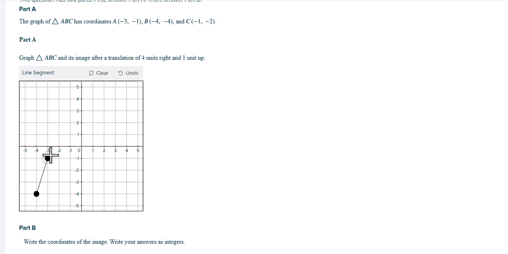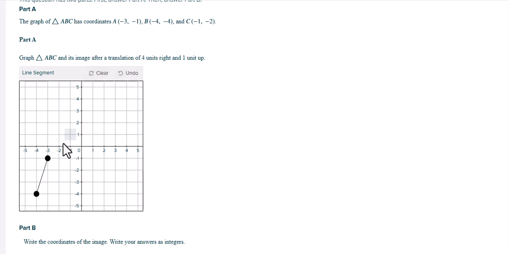Now you can see it's actually connected the dots for us. If I accidentally graphed one of these points at the wrong place, now I could actually undo or clear. Undo undoes the very last thing you just did. Clear will clear the entire graph and start totally from scratch. So choose whichever one you need if you make a mistake.